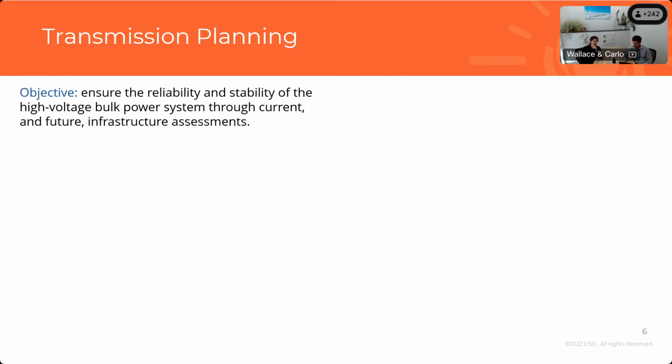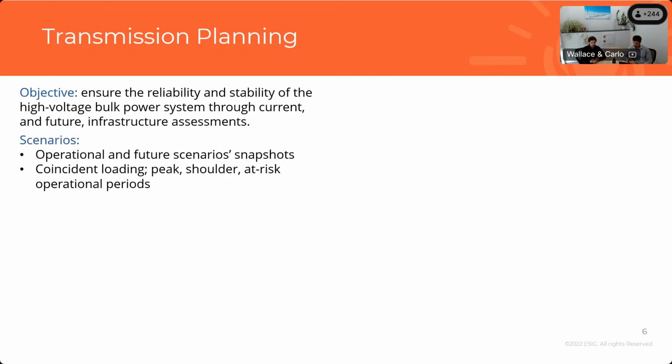And I'm going to do this through a handful of both current and future infrastructure assessments. How do we do this? How do we think about this? Well, a lot of conversation has already been revolving around this idea of snapshots. A lot of the modeling efforts that I employ as a transmission planner are very detailed, very computationally intensive.